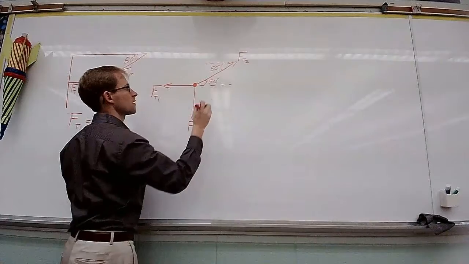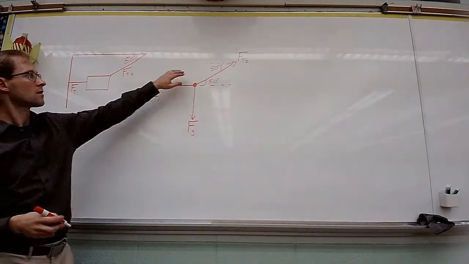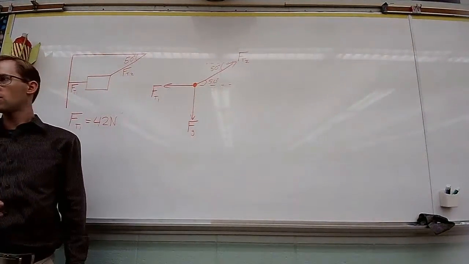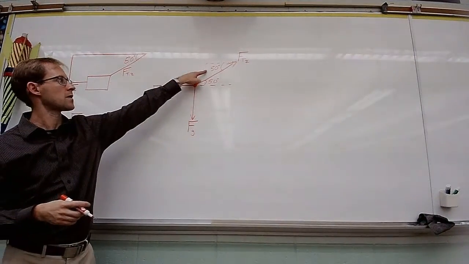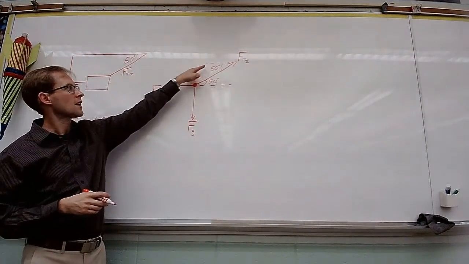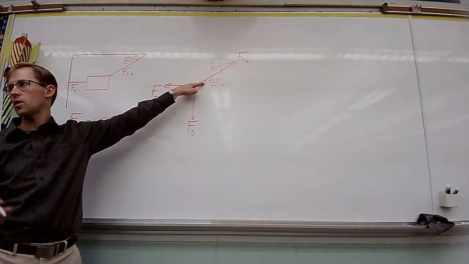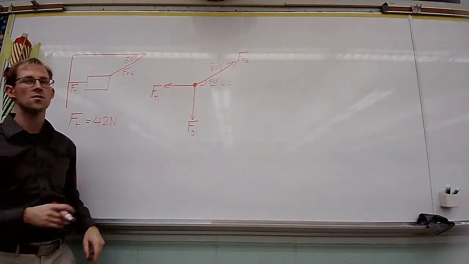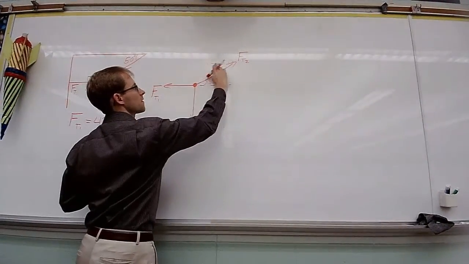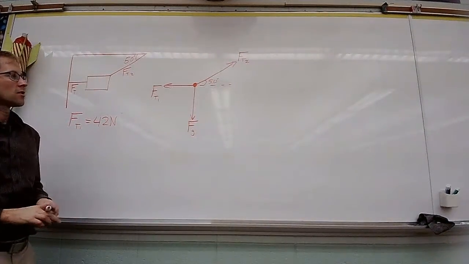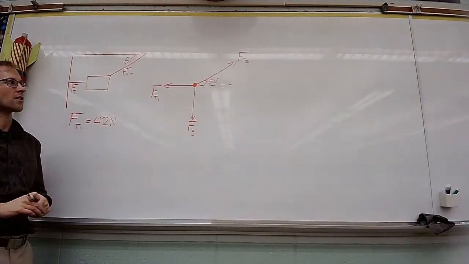If you are unsure as to whether or not these two are equal, the best thing you can do is just ask yourself, what happens if this angle gets smaller? If this angle gets smaller, this one gets smaller too. And that's a pretty good sign that they're both going to be the same thing. So once we get that 50-degree angle in there, we can take that away. So there's our force diagram.